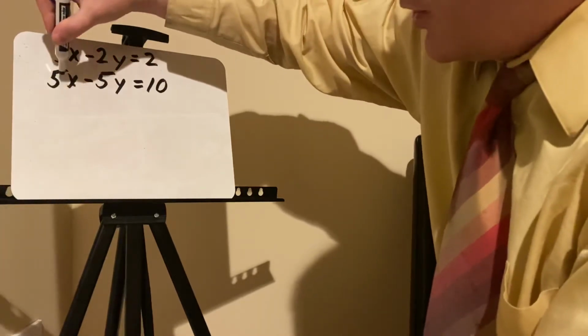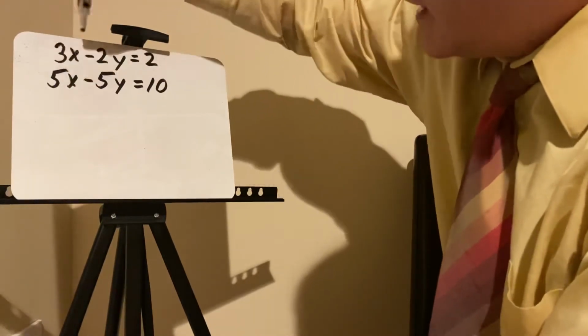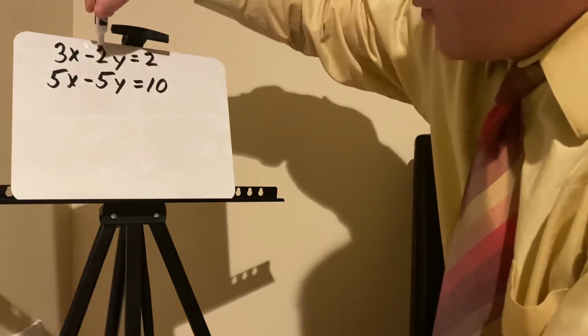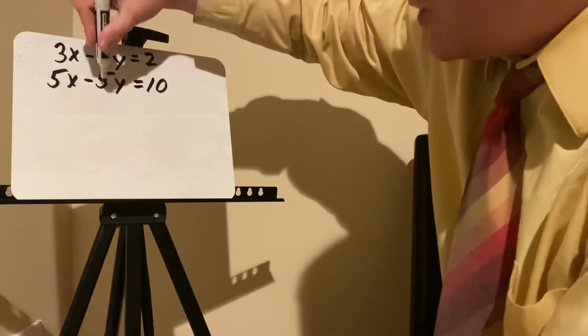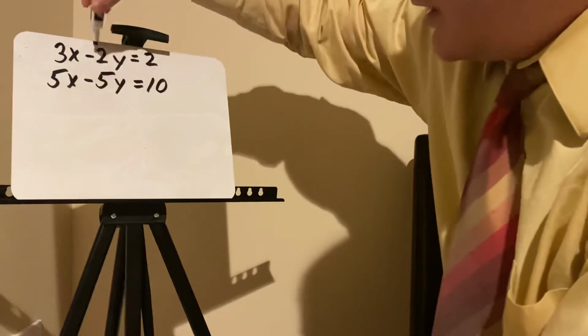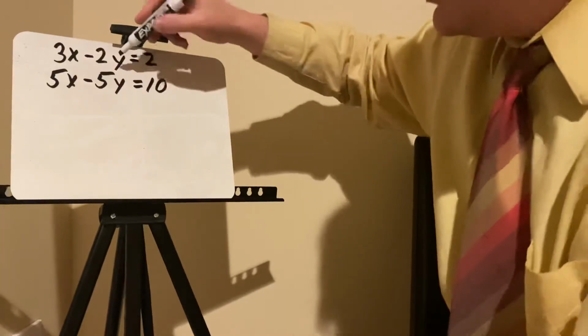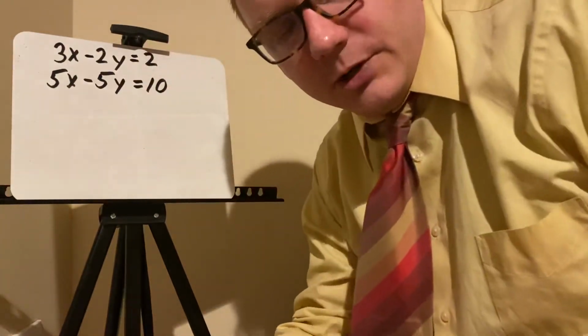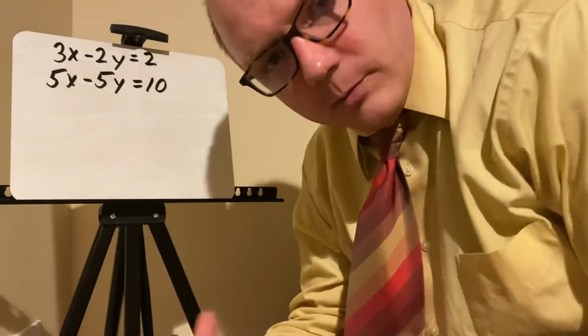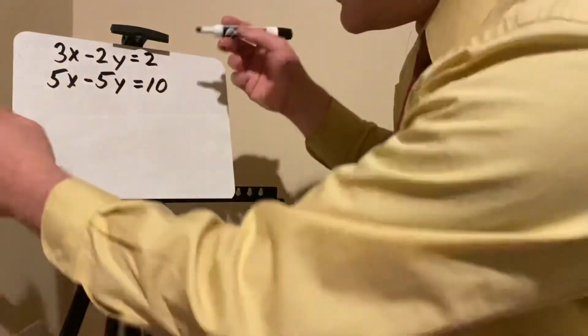I also have 2y and 5y. A common multiple of 5 and 2 is 10. I'm going to choose the 10 because that's a lower number, so I'll be dealing with smaller numbers overall. You could also do the 15. It does not make a difference.